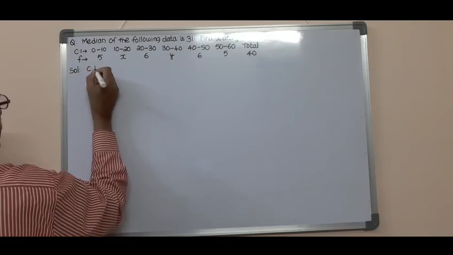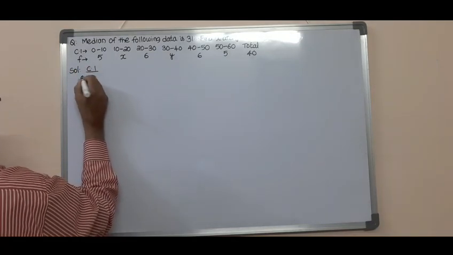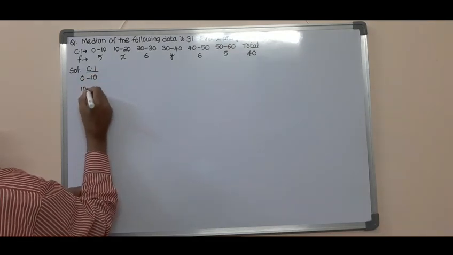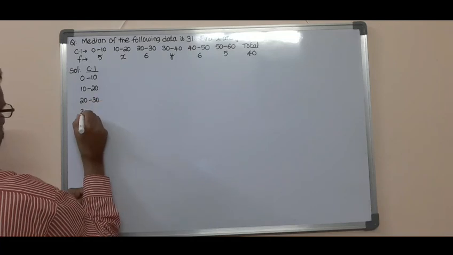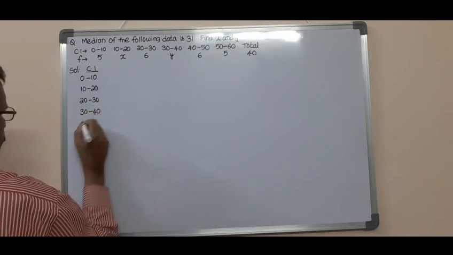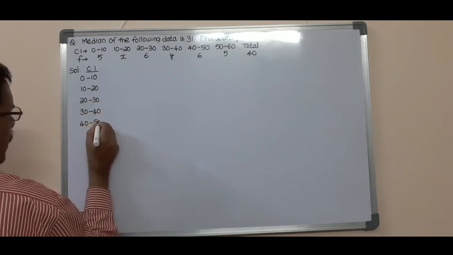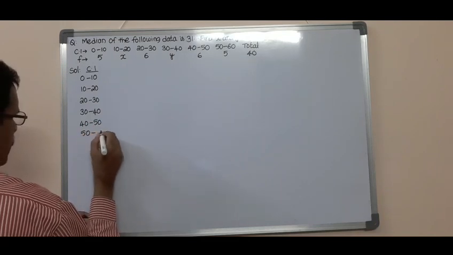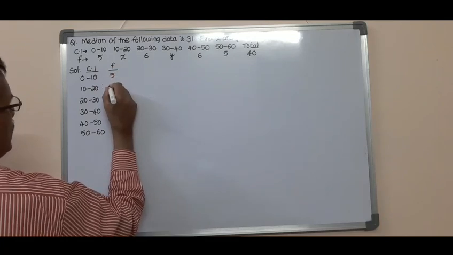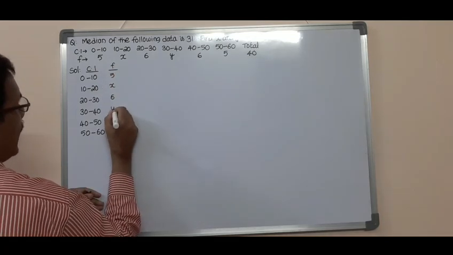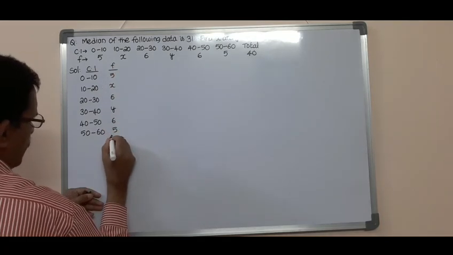In first column, class intervals 0 to 10 up to 50 to 60. Frequency 5, x, 6, y, 6, 5.